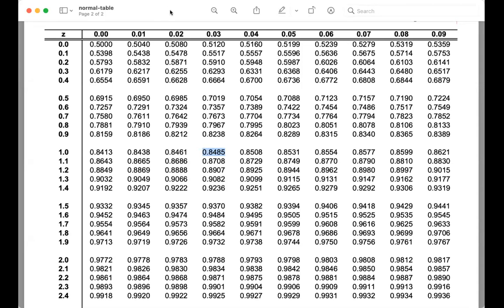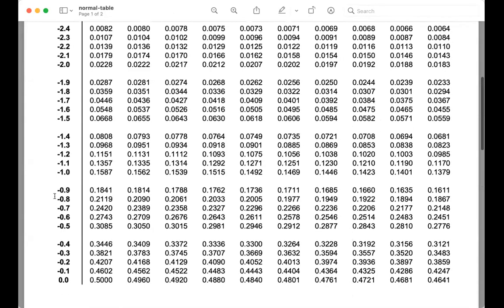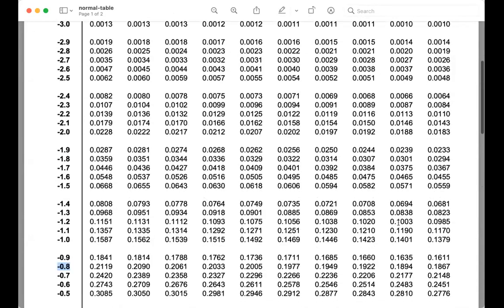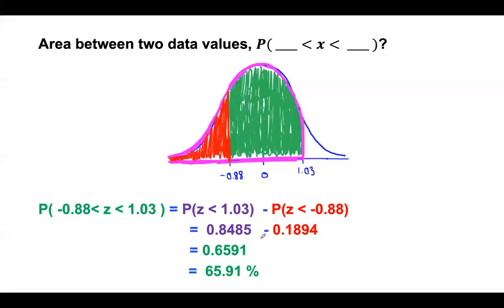And the other value was negative 0.88. And we look that up in the table, so 0.1894. So just make sure you draw a picture and you subtract the correct value, and then you get your probability, which is this green area.